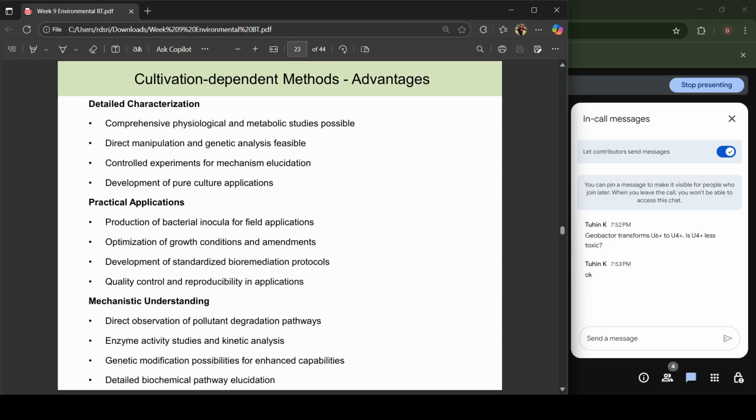And the last one is the detailed biochemical pathway elucidation. So pollutant degradation pathway and the biochemical pathway are two different things. Pollutant degradation in the sense, when we start with something like a dye or antibiotic, let's say a methylene blue dye or some ampicillin kind of antibiotic, what are the steps in which this methylene blue or ampicillin is finally mineralized or transformed into a less toxic product?